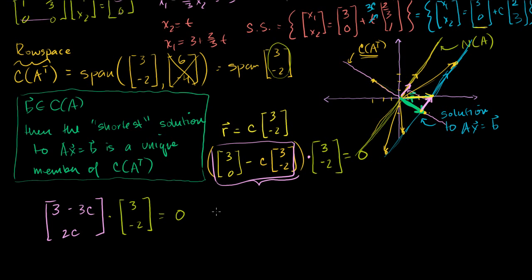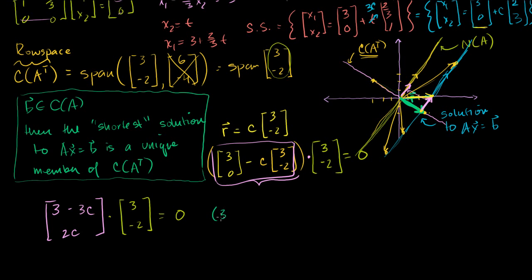We get 3 times 3, which is 9, minus 3c times minus 2. Let me write it this way. Well, sorry, I was actually doing it wrong. This is the first entry.